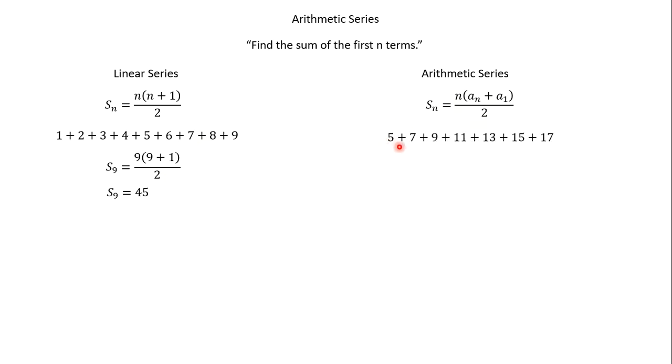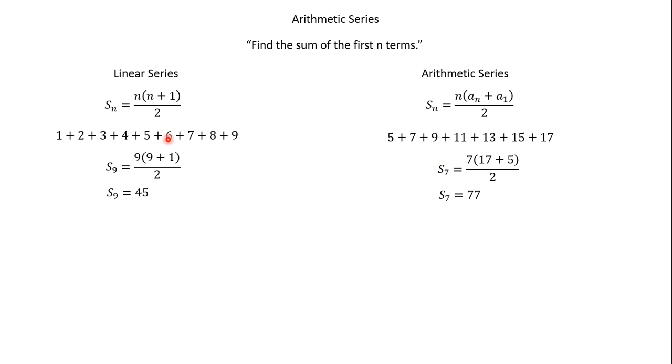So if we want to do an example, we have 5 plus 7 plus 9 plus 11 plus 13 plus 15 plus 17. We could go the first number plus the last number, 5 plus 17, times the number of numbers, 1, 2, 3, 4, 5, 6, 7, divided by 2. 5 plus 17 is 22, divided by 2 is 11, times 7 is 77.